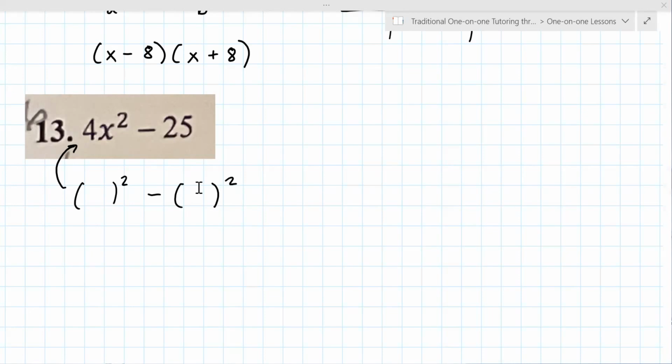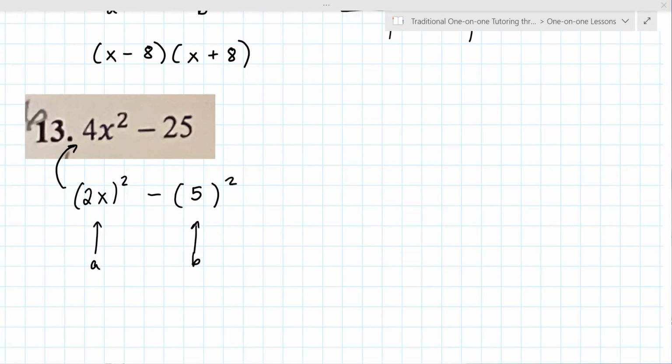Yeah, 5. Good. Now what number when you square it gets back to 4? 2. And then to get x squared, you need an x here. Okay. So this is a, and this is b.